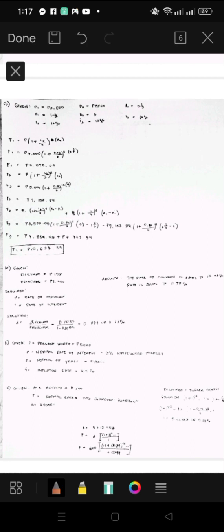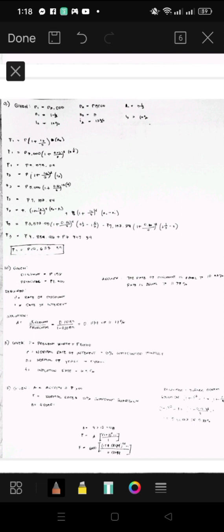So let's proceed to the solution. The given: P1 is equal to 3,000, and n1, the duration, is equal to 1.5 years, with interest i equal to 12%, or 0.12.